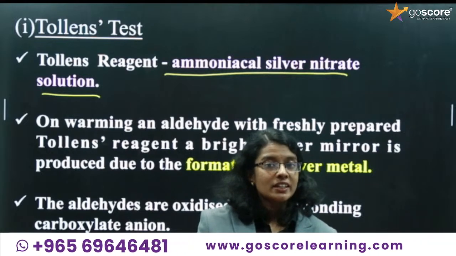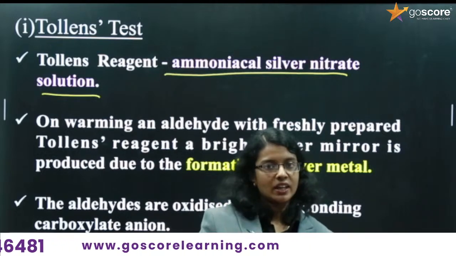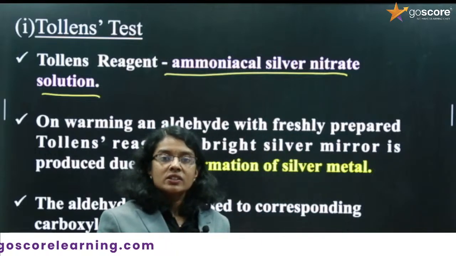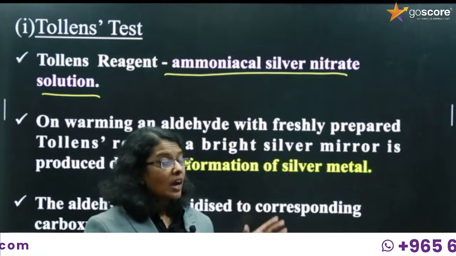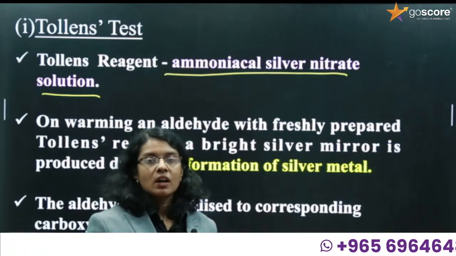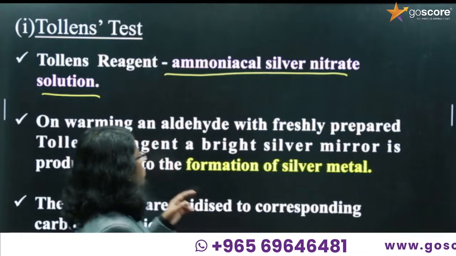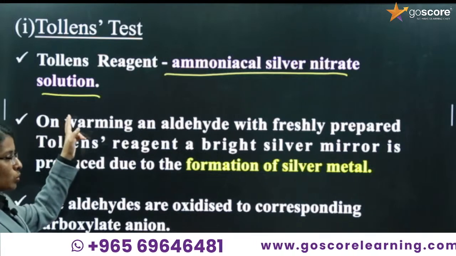From that, I can understand that the test tube contains aldehyde. So this is a distinguishing test for aldehyde and ketone. Aldehydes give the answer and ketones don't respond to this reaction.